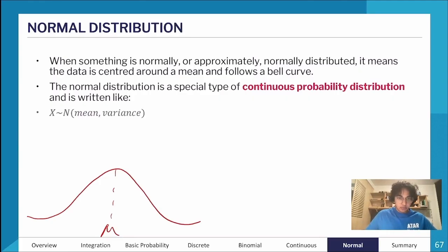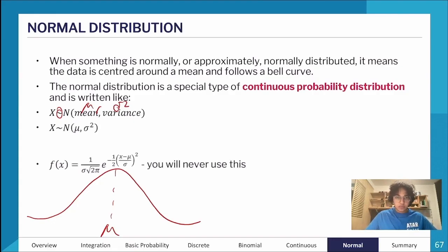It's generally written, like with binomial, in this case as x is distributed N, for normal, of mu, comma, sigma squared, or variance. The actual equation for a normal distribution is this, and you will never use this.